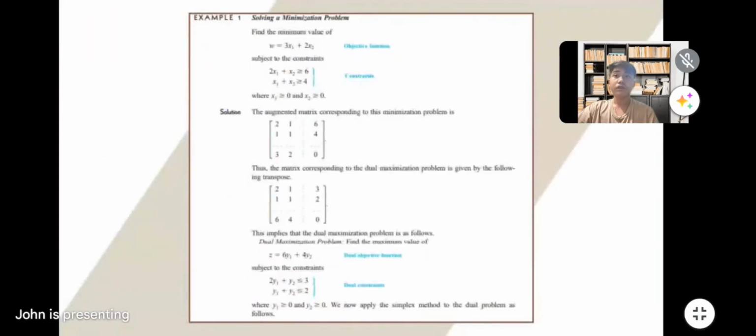This is problem number 1 for the minimization method, and this is how you solve a minimization problem.